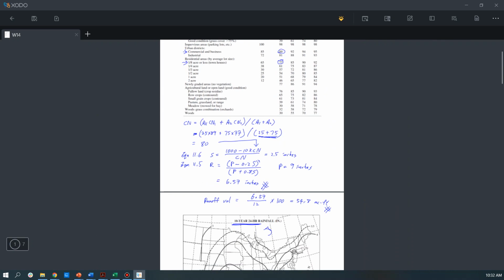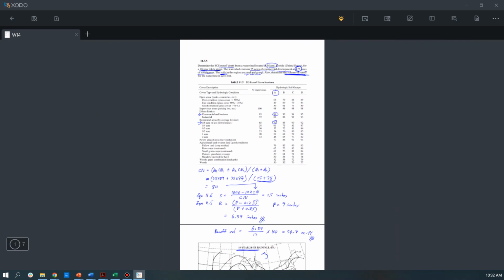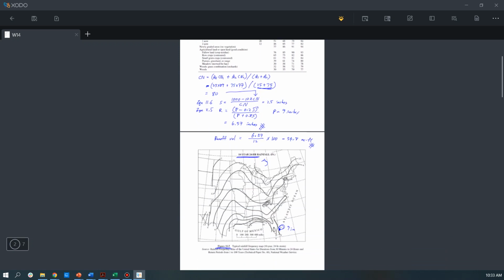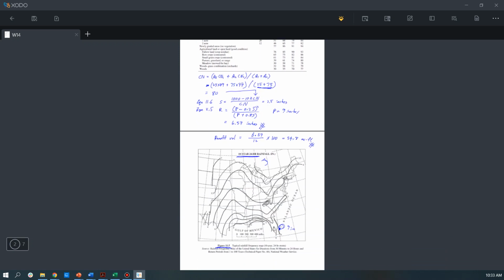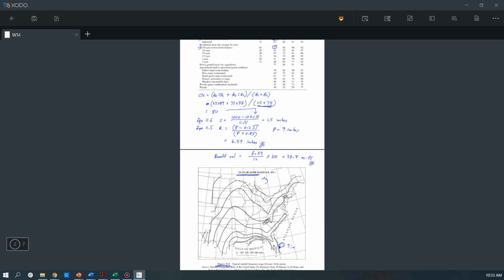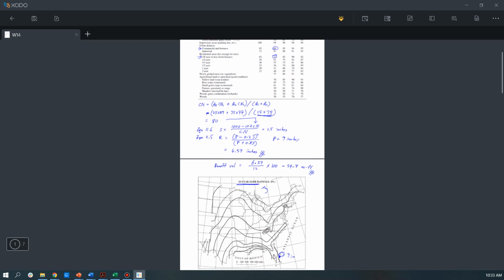Basically, we just need to utilize table 11.7 to identify the corresponding curve number for the region, and use the contour map, figure 11.5, to identify the rainfall amount for the 10-year 24-hour storm in Miami.